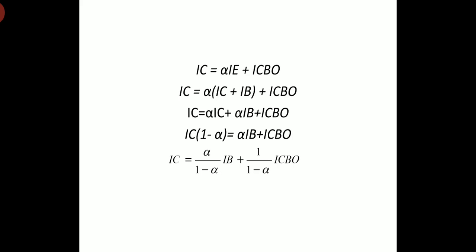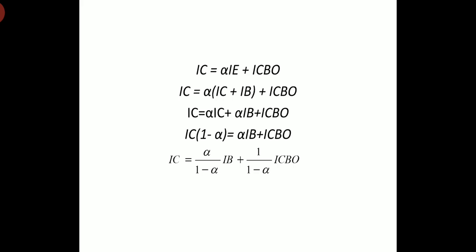So the last equation which you are seeing on the screen, I can write like this. IC equal to alpha by 1 minus alpha into IB plus 1 by 1 minus alpha into ICBO. Alpha by 1 minus alpha means beta.